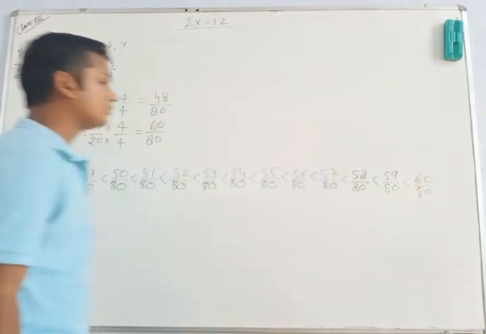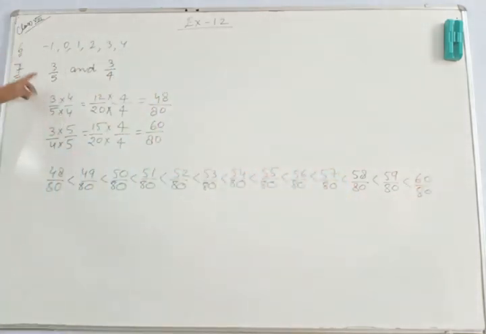So we have got more than 10 rational numbers between 3 upon 5 and 3 upon 4. So this is the manner to attempt the questions in this exercise.